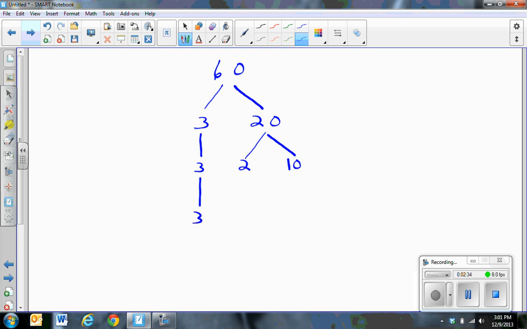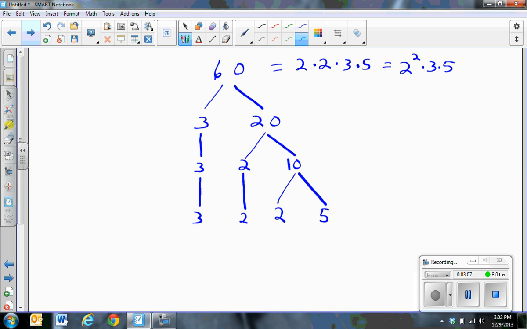I'm not done with my factor tree. I'm going to bring down 2. It's prime. 10 is composite, so it's going to factor into 2 times 5. And now I know I'm done because my last row is only prime numbers. So I know that 60 is equal to, and I'm going to start with the smallest prime, 2 times 2 times 3 times 5, which can be rewritten as 2 squared times 3 times 5.